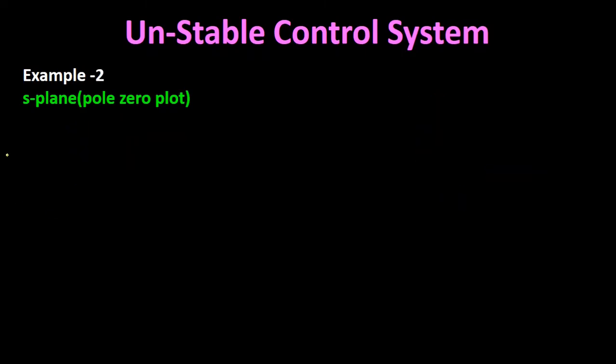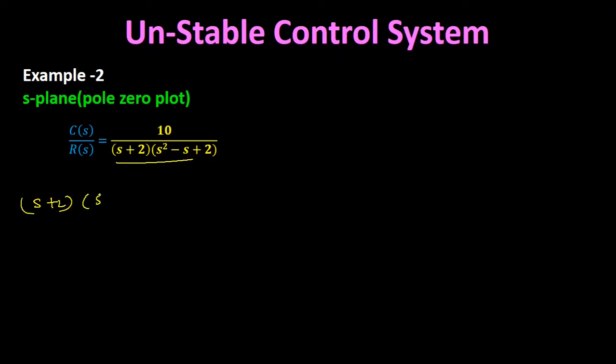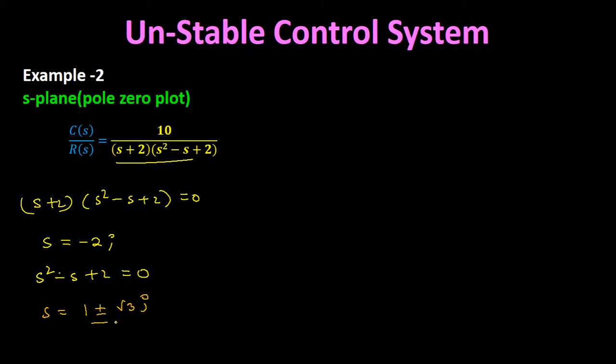The next example is C(s)/R(s) is equal to 10 divided by (s plus 2) into (s square minus s plus 2). Now we have to equate the denominator to 0 to find the poles of this transfer function. So the first pole will exist at s is equal to minus 2, and for the other poles we have to equate s square minus s plus 2 is equal to 0. When we apply the formula for the roots of a quadratic equation, we get s is equal to (1 plus minus root 7 j) divided by 2.